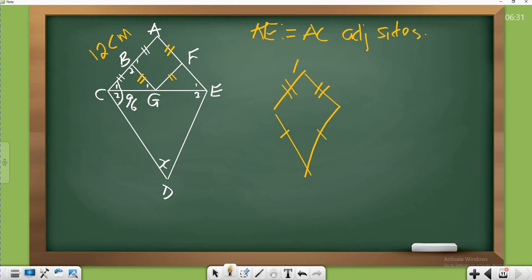This is our A, that's our C, and that's our E. So if this is 12, this is also going to be 12. So AE would be equal to 12 centimeters, adjacent sides of a kite. Okay, so that is done. I'm going to just clone this page.